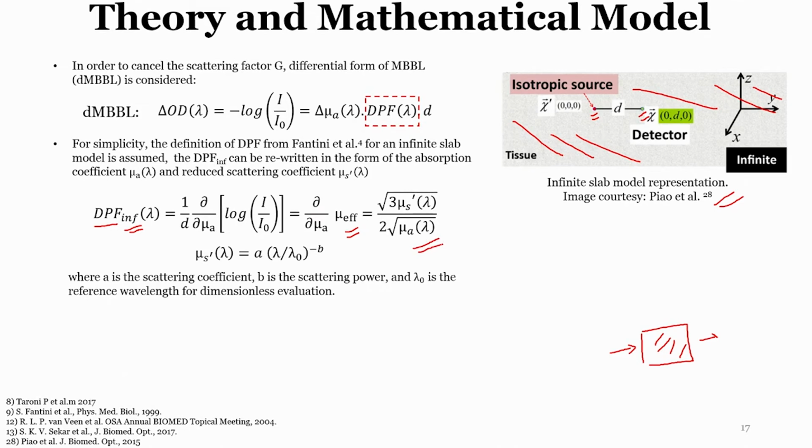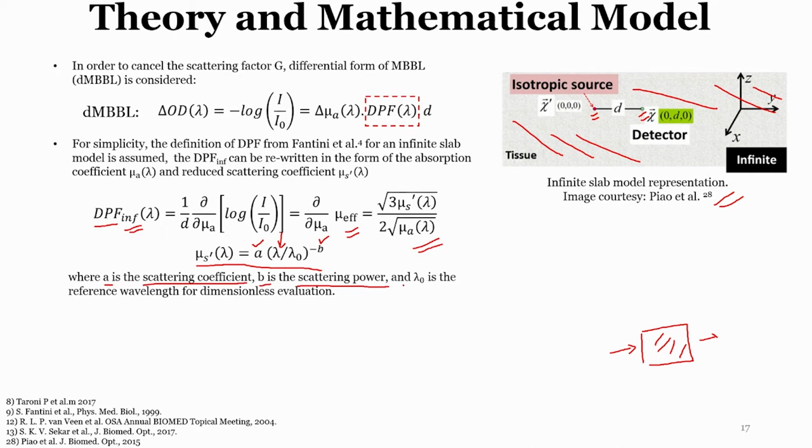And mu s prime is again related to the operating wavelength over here, and this a and b are properties of the tissue, a being the scattering coefficient and b being the scattering power.